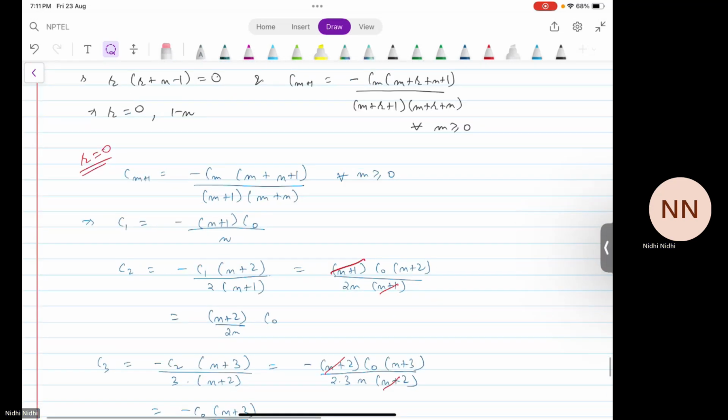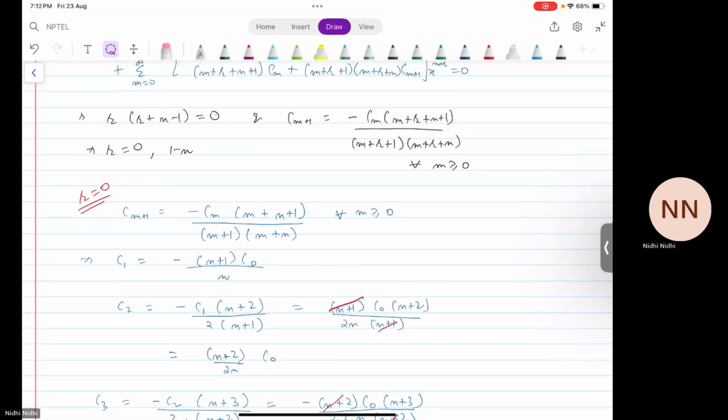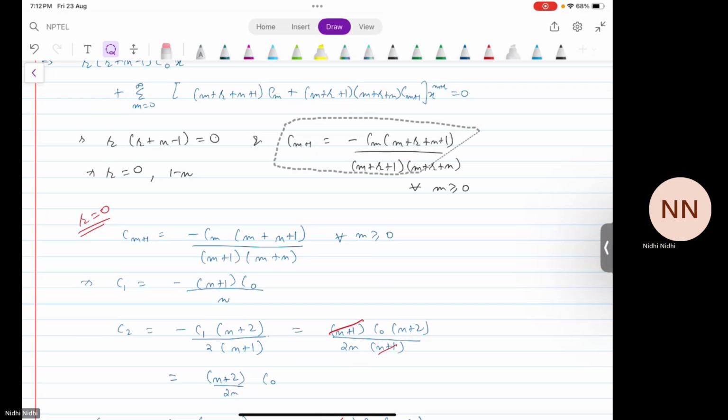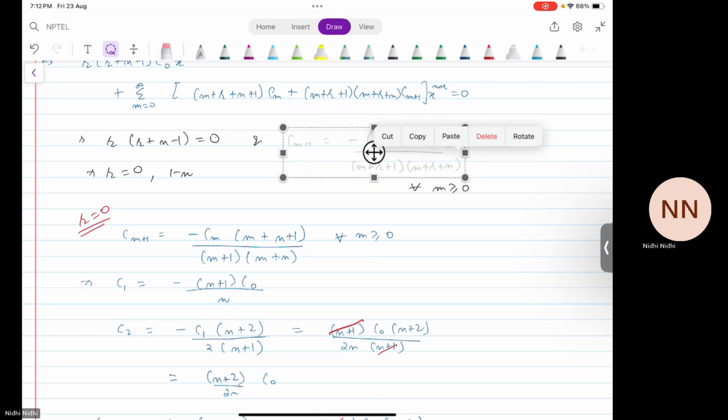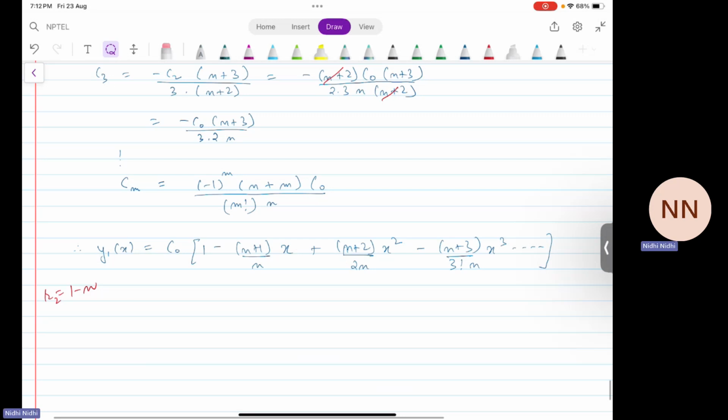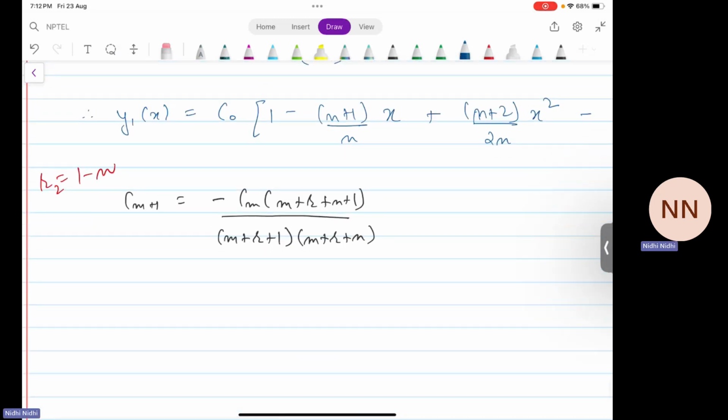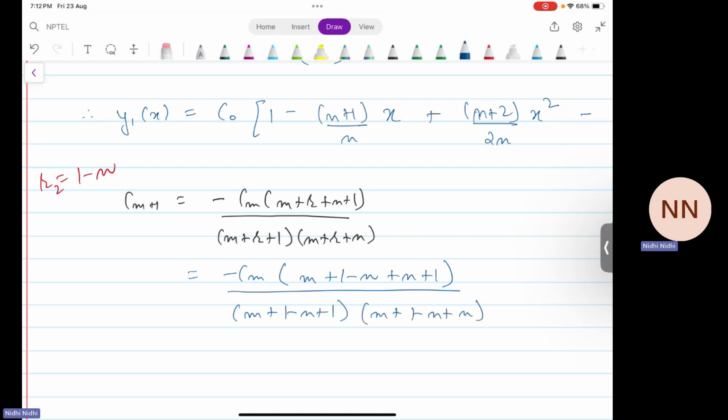We had, so putting the value of r to be 1 minus n, we get minus Cm times m plus 1 minus n plus n plus 1 by m plus 1 minus n plus 1 times m plus 1 minus n plus n.